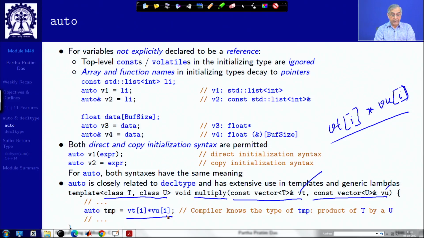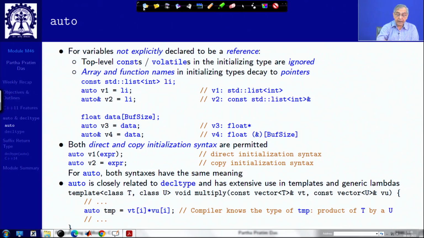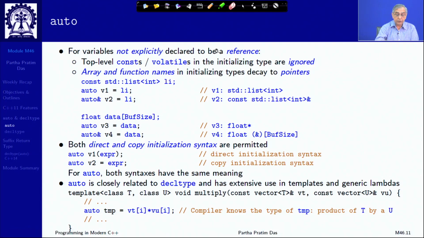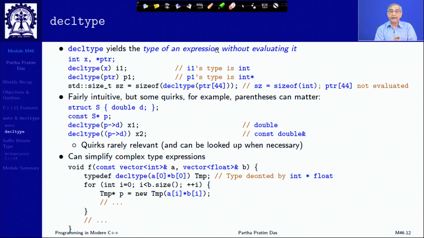That depends on the types t and u, and the question is how do you express that. This use of auto here can be a big convenience, because otherwise you will have to spend a lot of effort to write a type expression which will work for any type t and any type u. So, let us see what you can do. You can use decltype in this context.